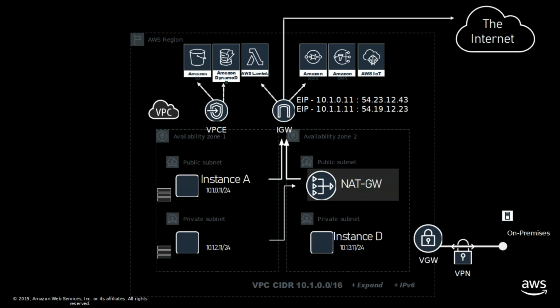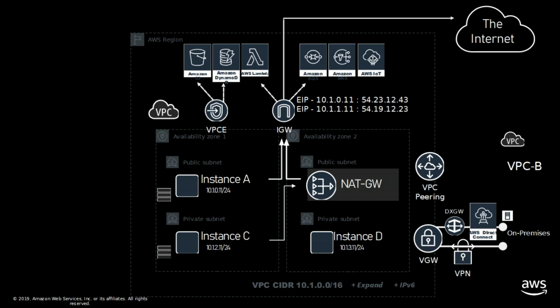Or we can also do a Direct Connect, connecting your on-premise network to AWS via Direct Connect. We can also do VPC peering. If we want to pair this VPC with another VPC, we can do that in the same region or in another region.